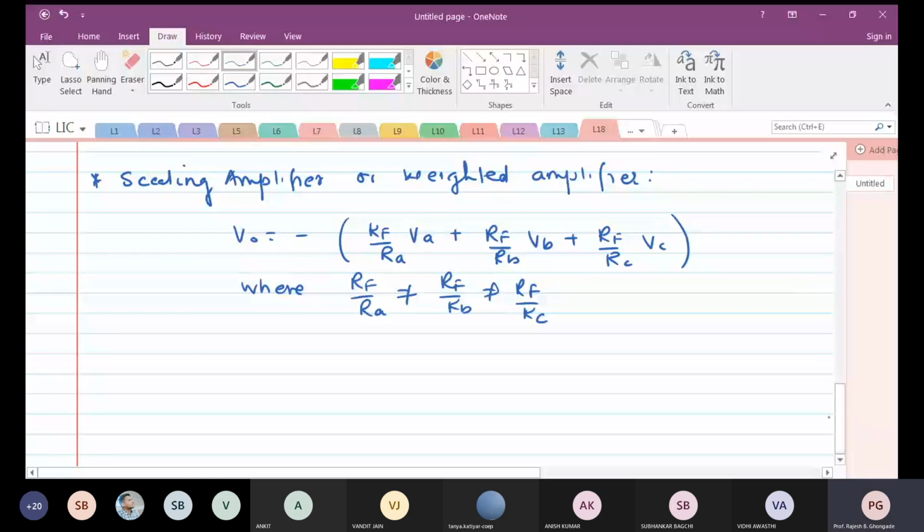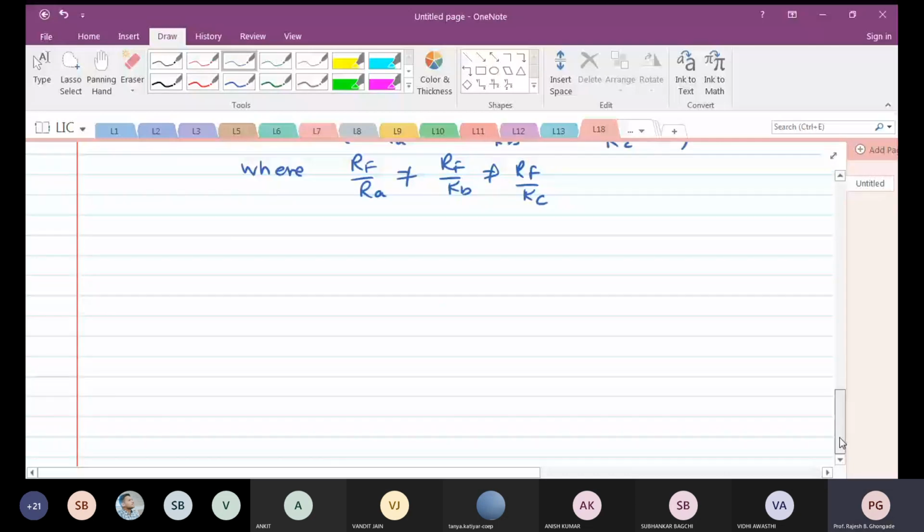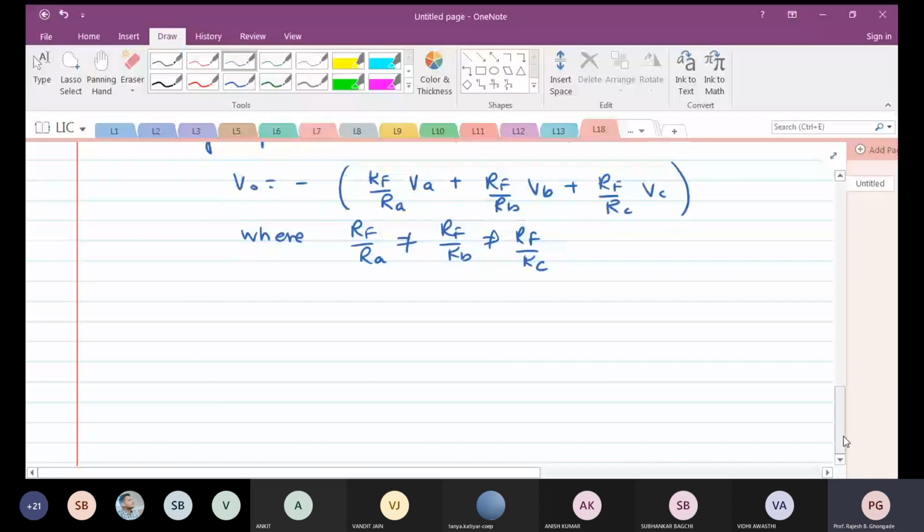For example, if you want the vocalist to be more enhanced, the instrument should be less audible as compared to the singer. In that case, you can use such a scaling amplifier. You can simply have more gain for the vocalist channel. So a very simple example.